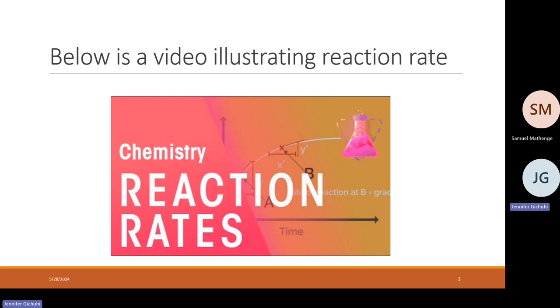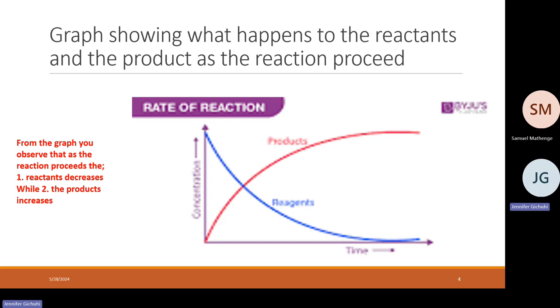Now, I want us to proceed with the lesson, and I would want to say this, that from what we have observed, we note that we drew 2 graphs. One of the graphs was that of the reactant, which was starting up high there. It was showing that we had a very high concentration of the reactant.